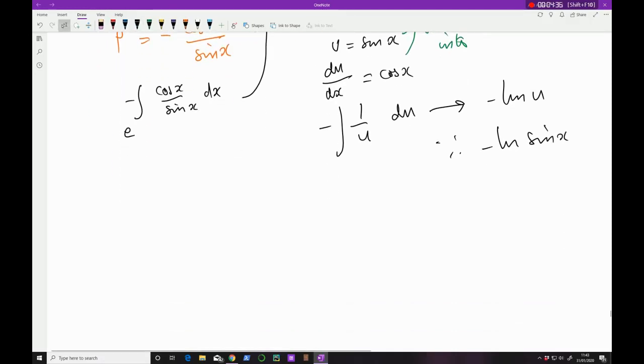Okay, so let me just draw a dash line there. Coming back here, my integrating factor is now exponential of minus ln sin x. I can't cancel out the exponential and the ln unless I get rid of this minus.